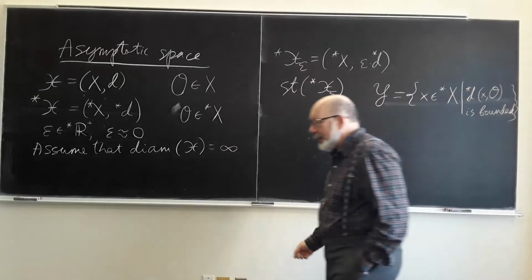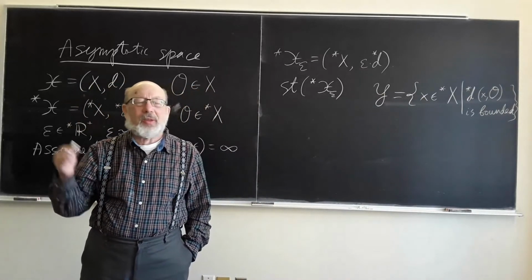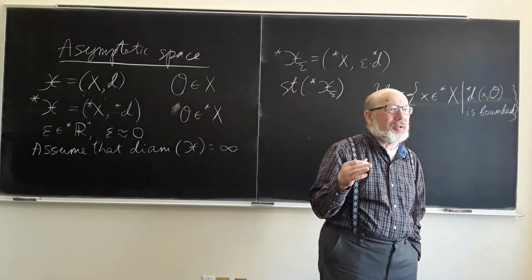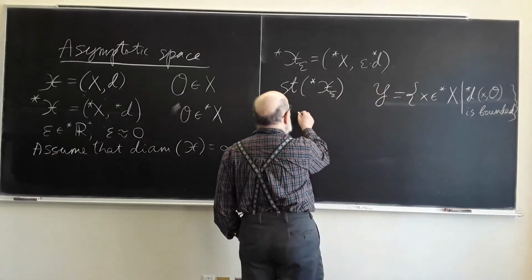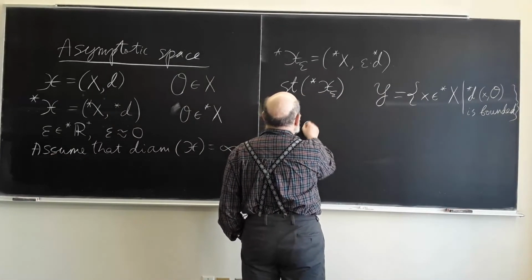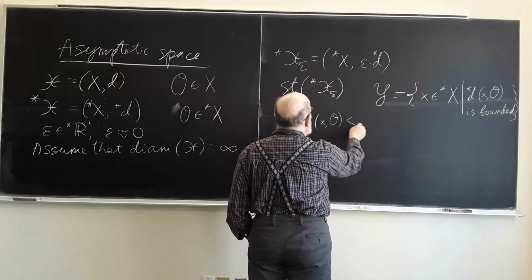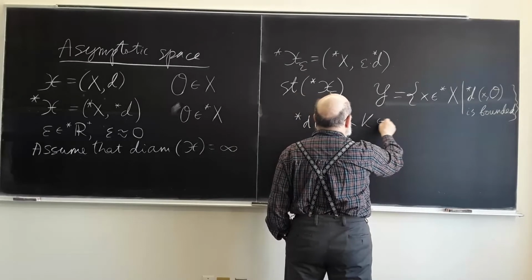A non-standard number is bounded if it is less than some standard number. So bounded means that star d of x, O is less than some k in R.